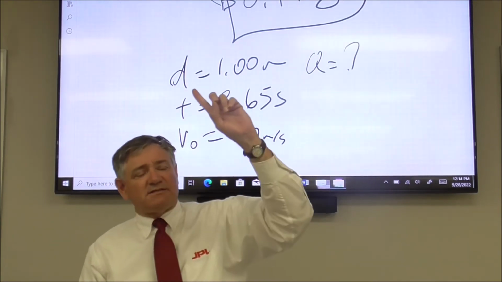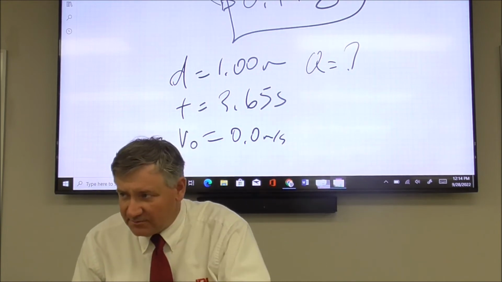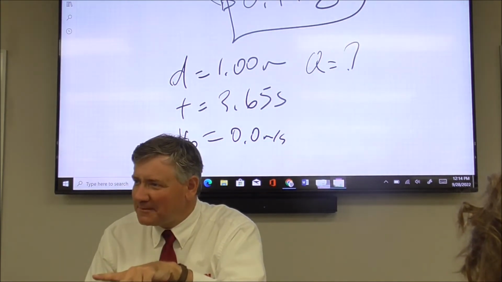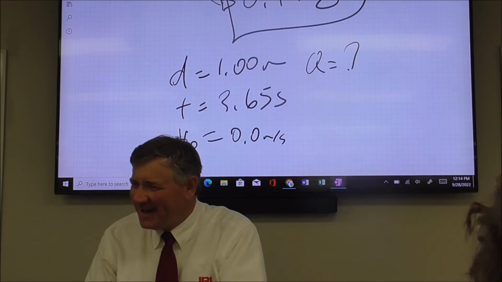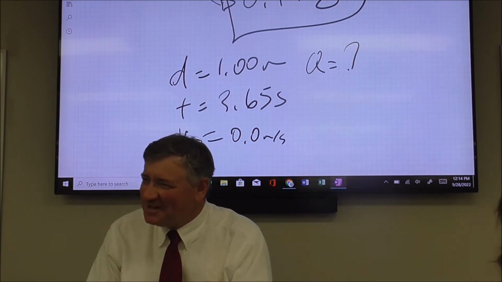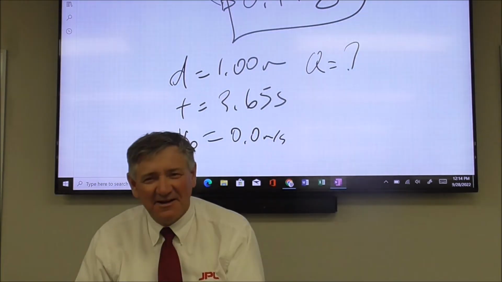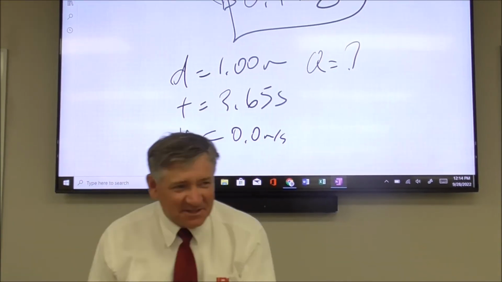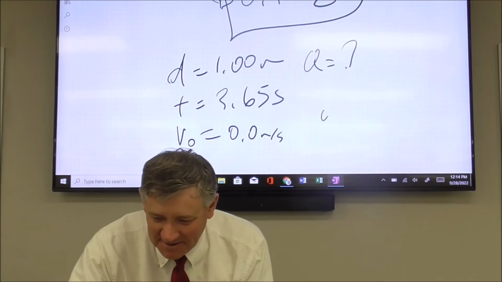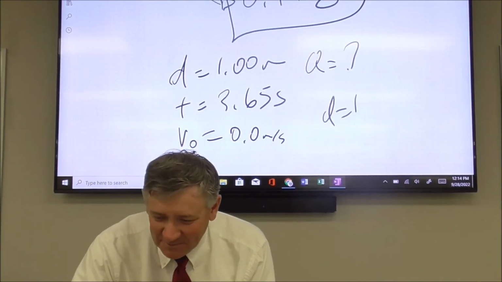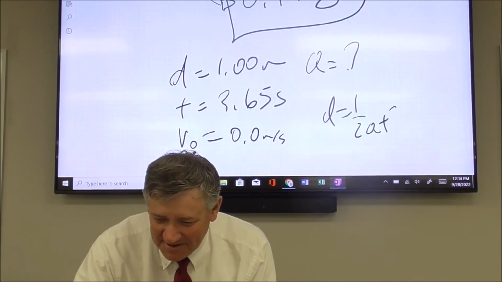So what equation relates distance, time, and initial velocity? It's the third equation: d equals v naught times t plus one half a t squared.